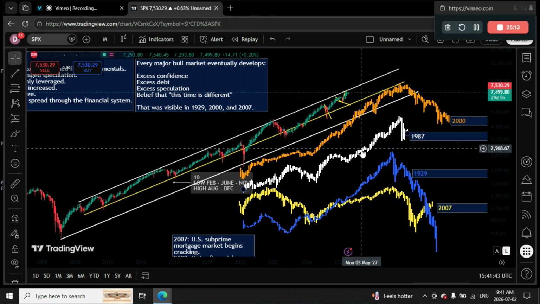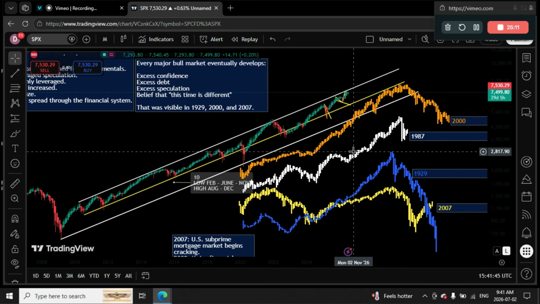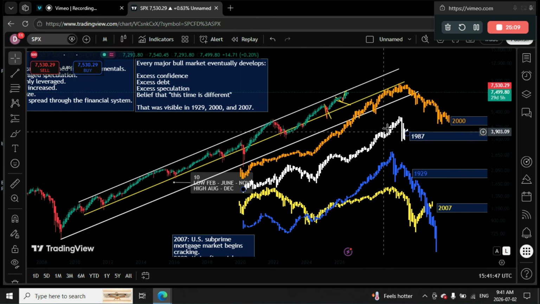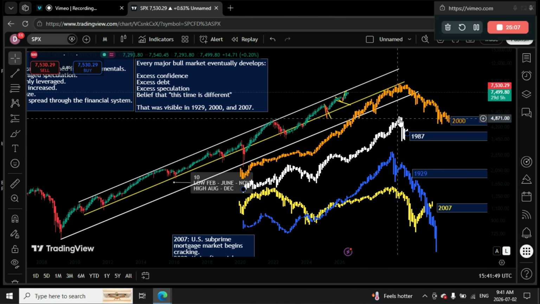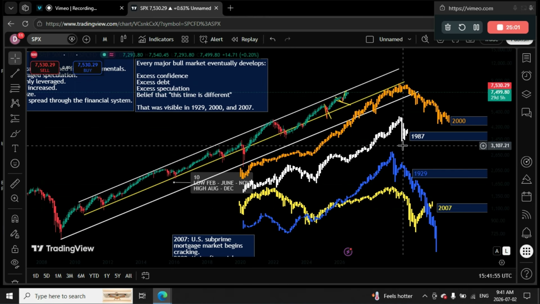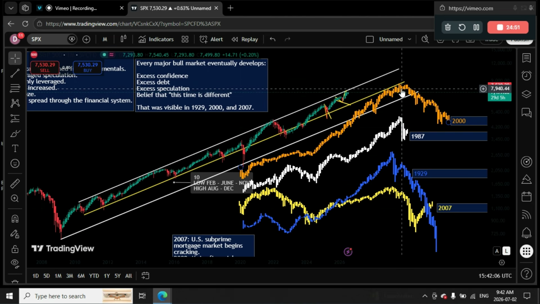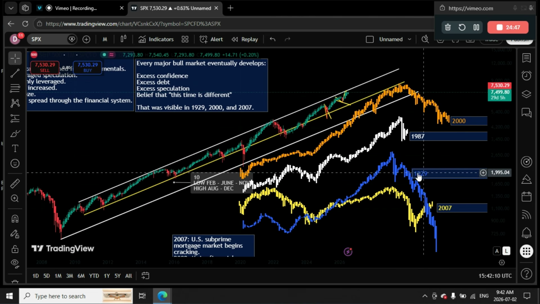And this 1987 turned into again another super cycle before culminating again and making an immense top with a major pull down, a major contraction, and is similar in length to the dot-com bubble, where we see the same time frame take place. Let's go down and take a look at 1929.